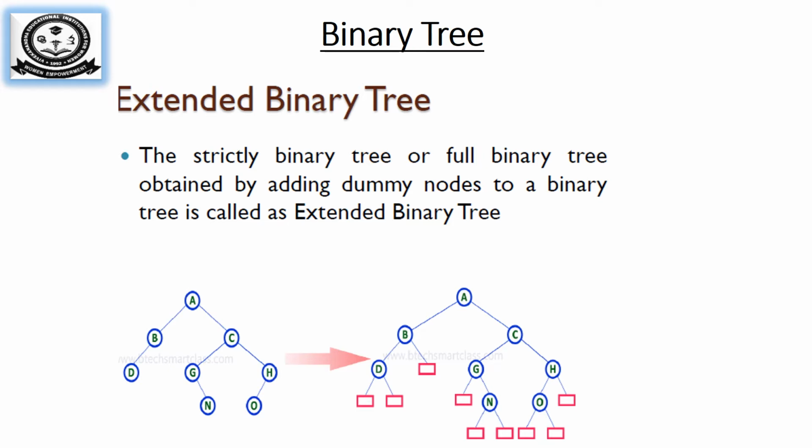Next one is to convert a binary tree into a complete binary tree. We will be using this extended binary tree. So these are the two applications of extended binary tree. One is calculating the weighted path length, and second is converting a binary tree into a complete binary tree.